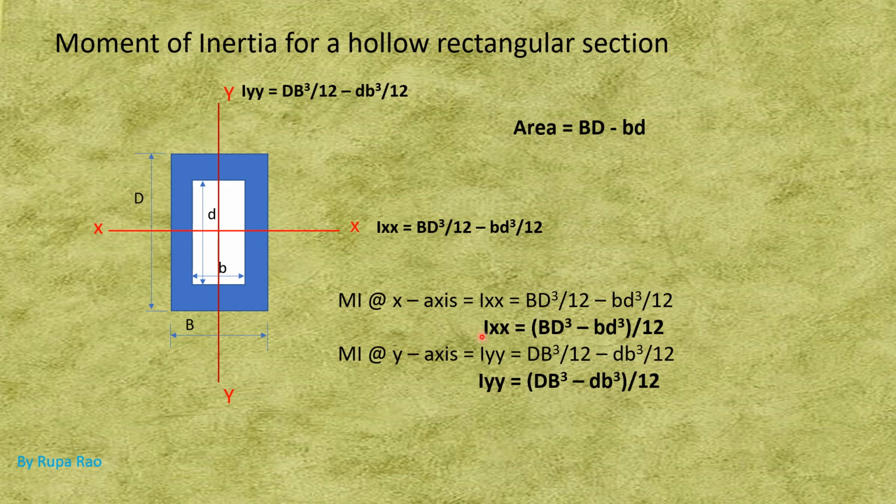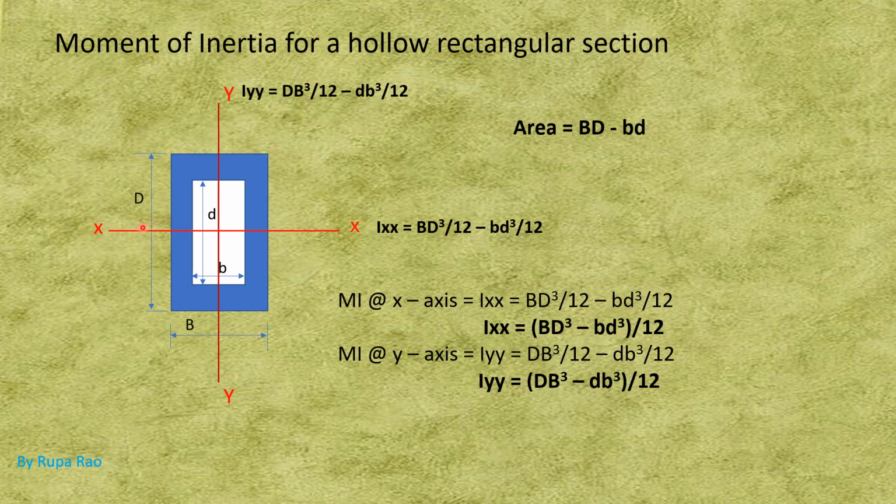Now, moment of inertia for a hollow rectangular section. If this is a rectangle, the outer dimension of this rectangle is capital B D, and the inner hollow is small b d. This is the centroidal axis xx, and this is the centroidal axis yy. If I want moment of inertia about the axis xx, then Ixx is equal to, what we do is we consider the outer rectangle.